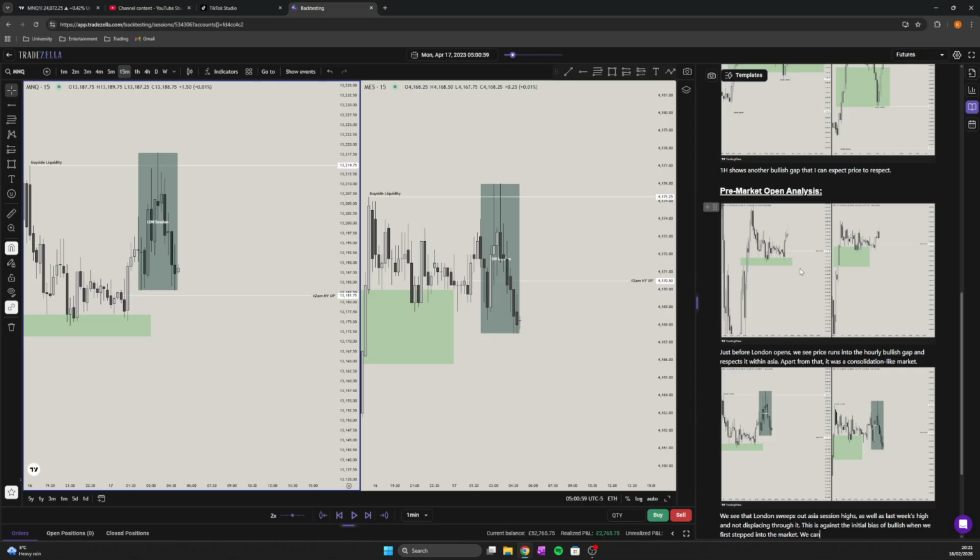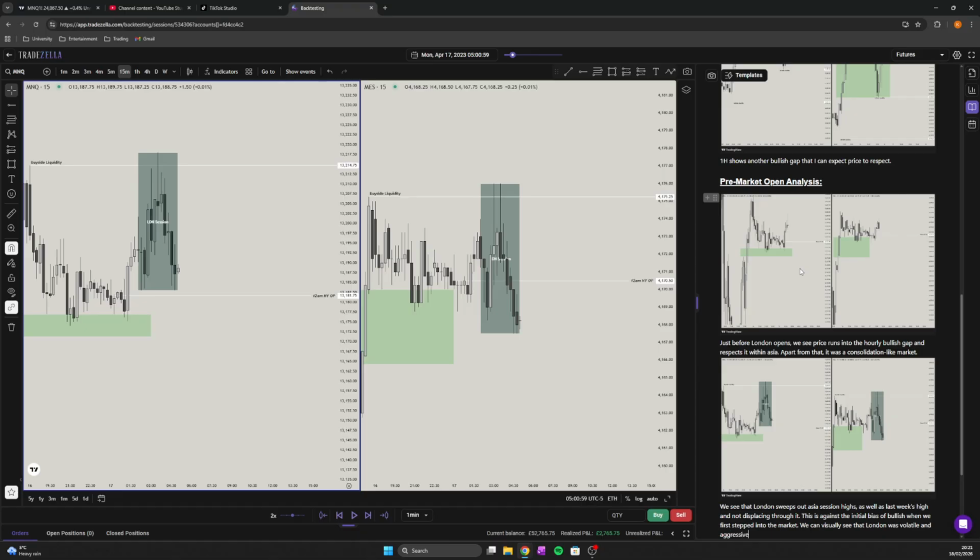We can visually see that London was volatile and aggressive, right? Wasn't it? We can see it's got large wicks and large candles.